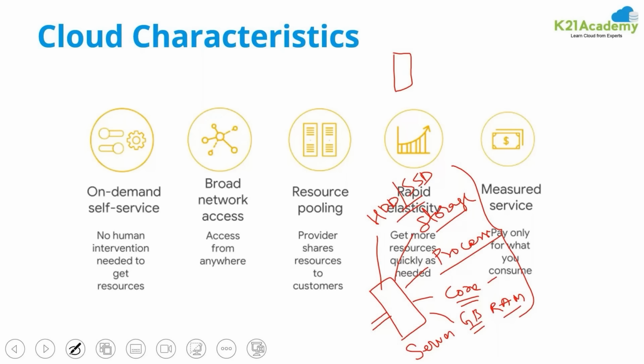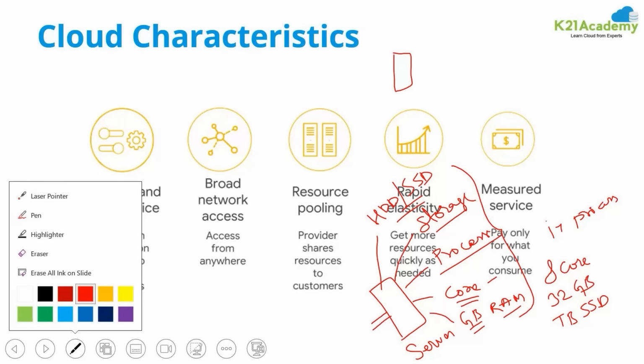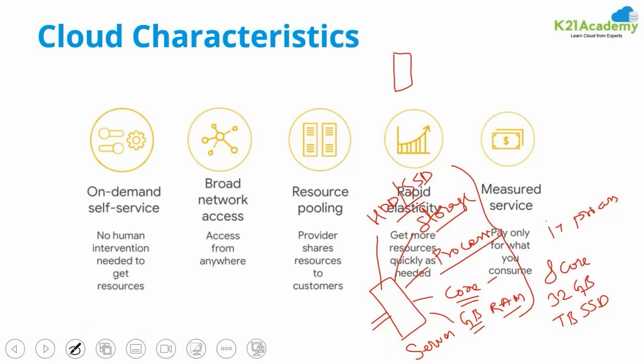So suppose at the time when you were buying the server, you decided to go for an 8 core processor with 32 GB RAM and 1 terabyte of SSD storage, and you opted for an i7 processor. Generally in servers, because you are well aware about i3, i5, i7, that's why I'm using that. But in servers we have Silver, Gold, Platinum types of processors.